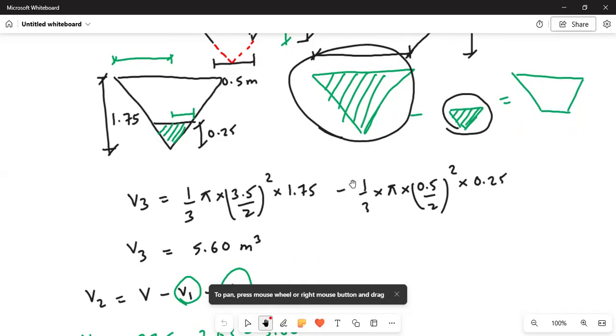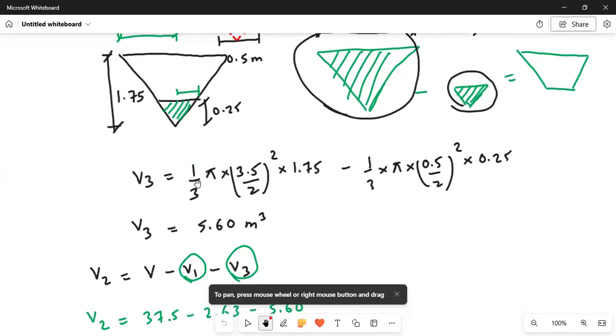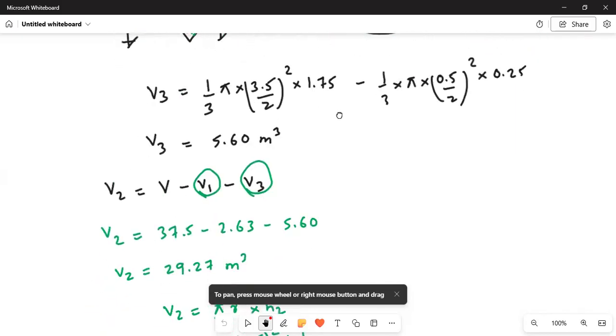We have taken minus because there is an opening and it is just like a trapezium. If you see the cross section, it is just like a trapezium. There is an opening and the cross section is circular, so it is a conical shape. That is why we used this formula.